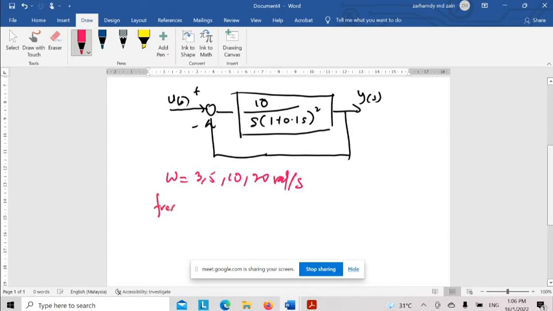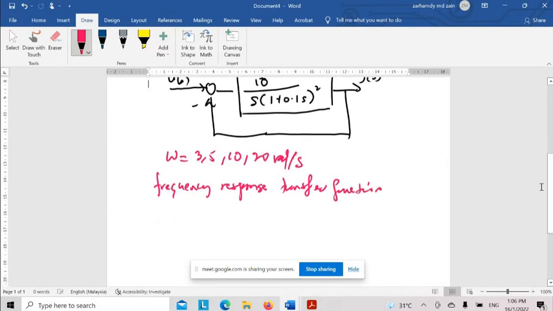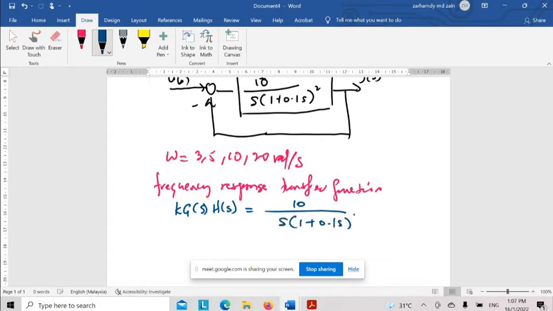Okay, class, so we have frequency response, transfer function. Now as we can see here, we have K, G of s, so from here we have 10 over s, 1 plus 0.1 s square.